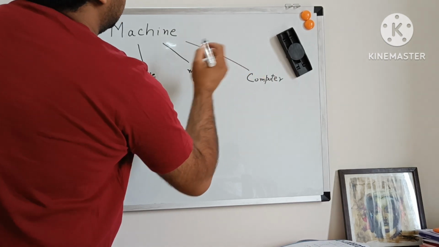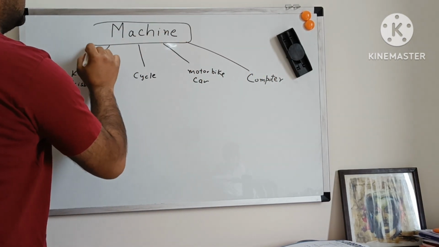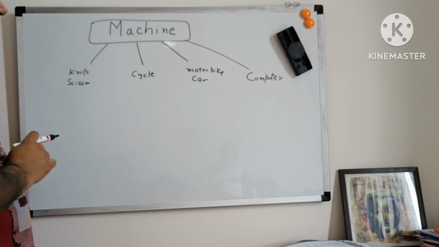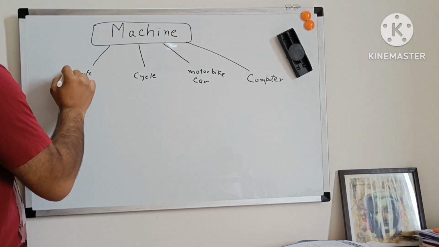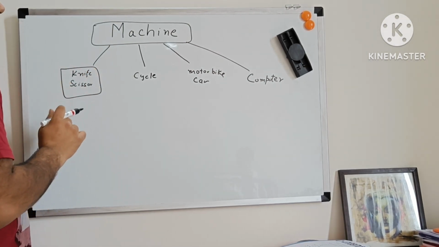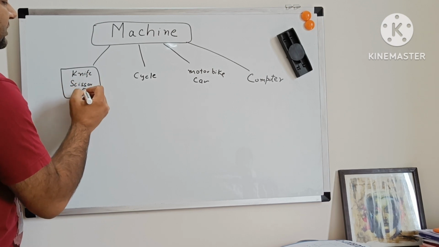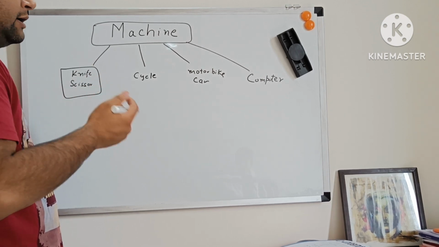All these kinds of things are machines. When the knowledge was less, they started making small things like knife, scissor.